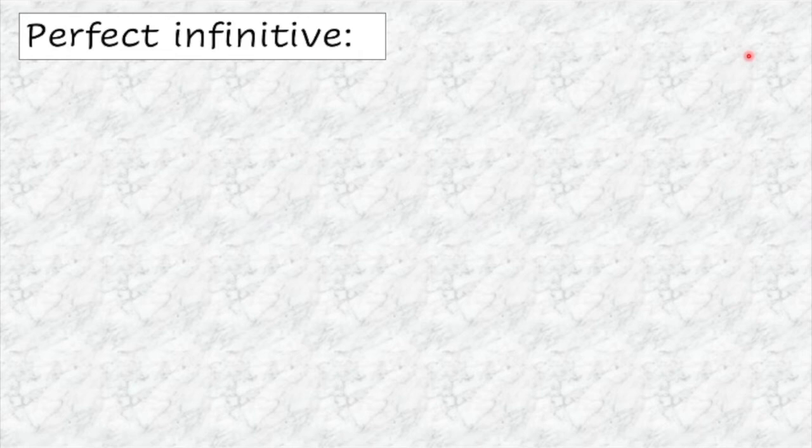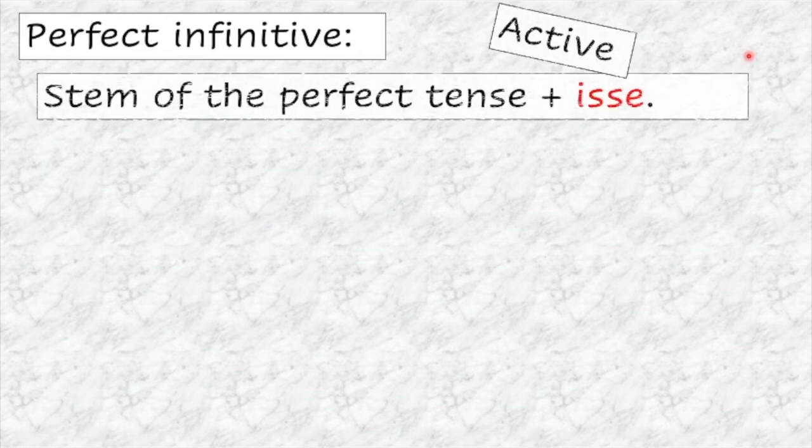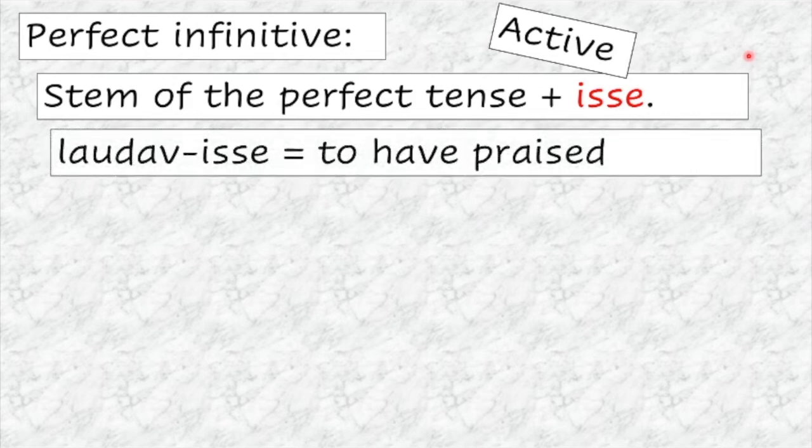So how do I spot the perfect infinitive? I need the stem of the perfect tense first, and then I need to add the specific ending isse. This is how I build the perfect infinitive. And so, for example, laudavisse, which I translate as to have praised, is the perfect infinitive of the verb laudo.